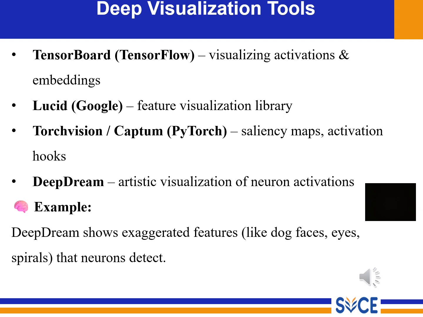Next slide. Deep visualization. So finally, how do we actually do all this? We use some tools. First one, TensorBoard, which is for neural network layer visualization, used with TensorFlow. Second one is Lucid, Google's open source library for feature visualizations.